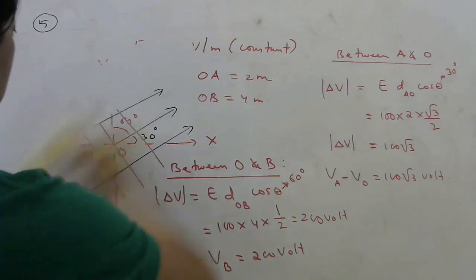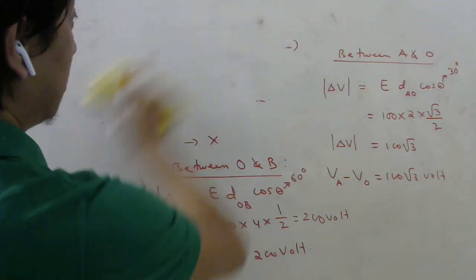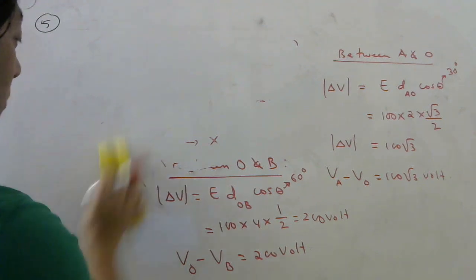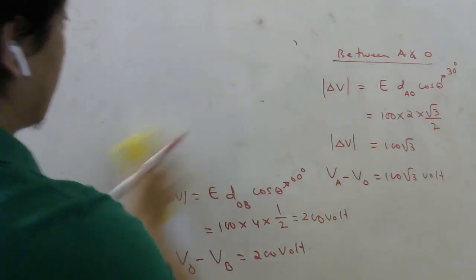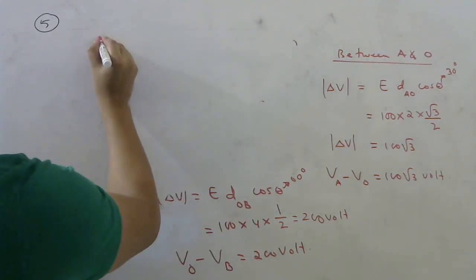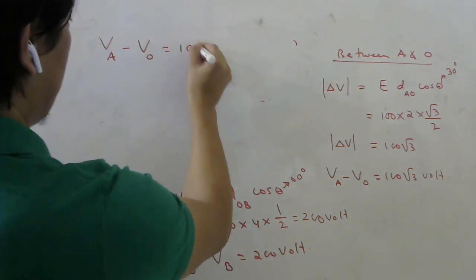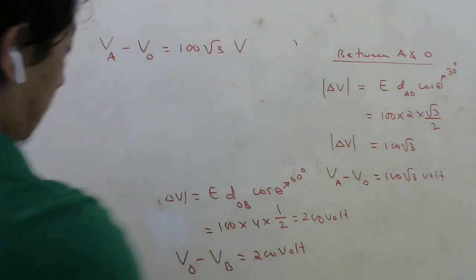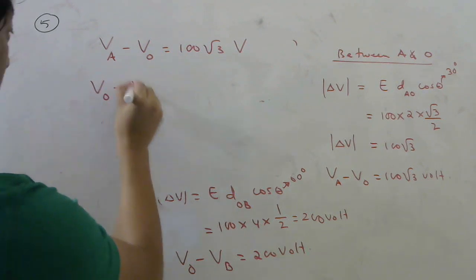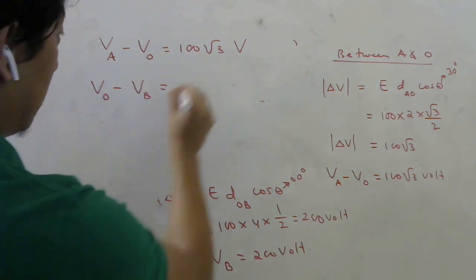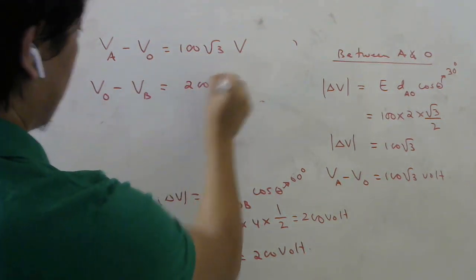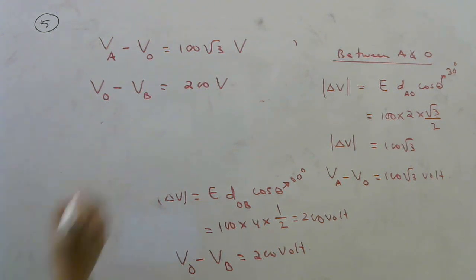So once I know all this, the question was to find the potential difference between A and B. So let us write whatever we got. VA minus VO, we got 100 root 3 volt. VO minus VB, I got 200. Yes or no? Okay. So let us subtract.